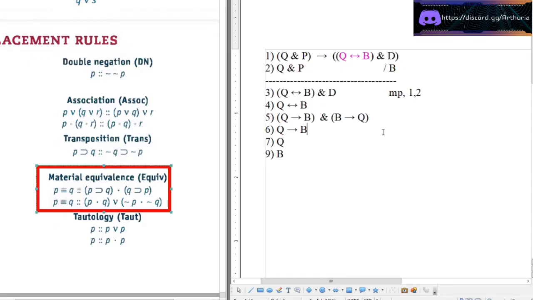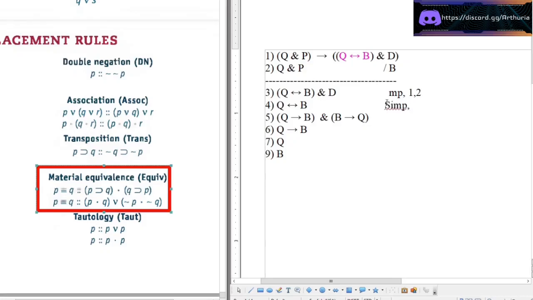So if someone wants to fill in what steps I did, that would be a good exercise. So what rule did I apply in line 4? Is that a simp? Correct. Absolutely.